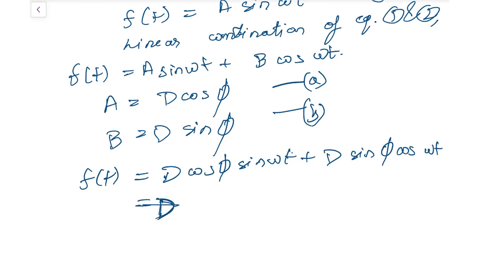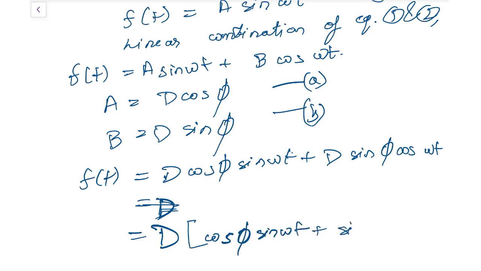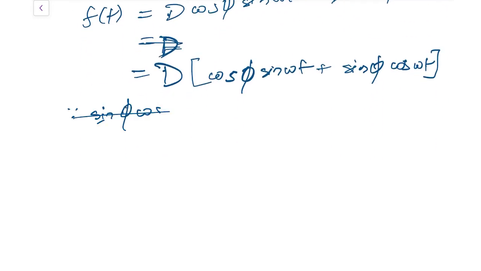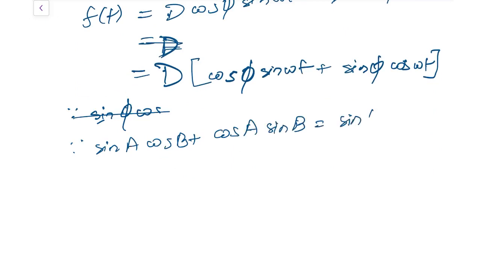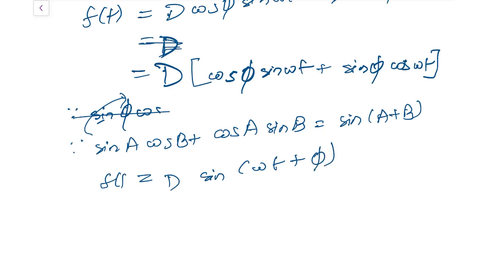I will take d as common, so we get d times cos phi sin omega t plus sin phi cos omega t. There is this identity: sin A cos B plus cos A sin B is sin(A plus B). So, using this identity, we will get f(t) as d sin(omega t plus phi).